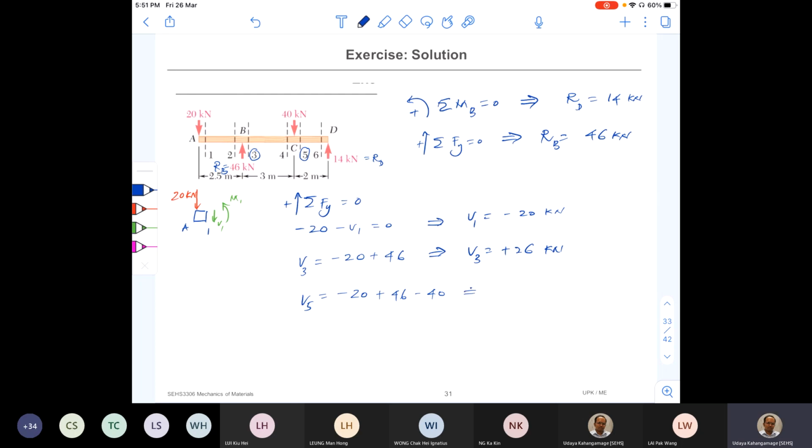So if you simplify this one, you can find out V5 is negative 14 kilonewton. Okay, I hope that you understand what I'm doing here. Now I'm experienced, so I can write my shear force faster. Knowing those shear forces between AB, BC, and CD, now I can construct my shear force diagram. So it is what I'm going to do next. Okay, so can I move on?